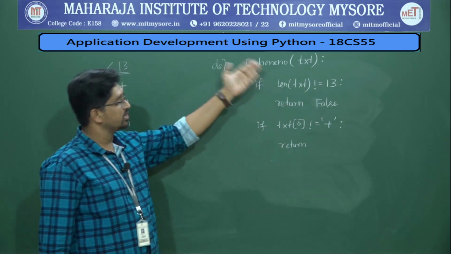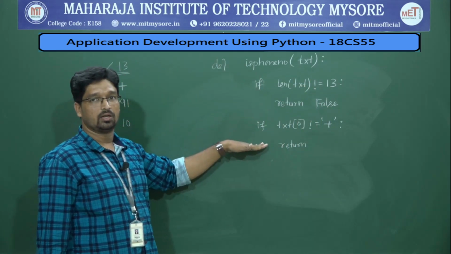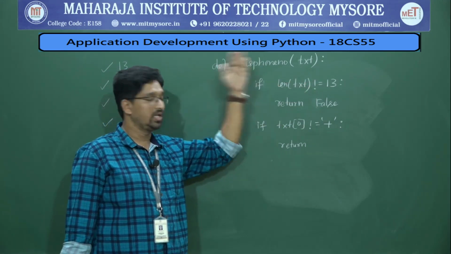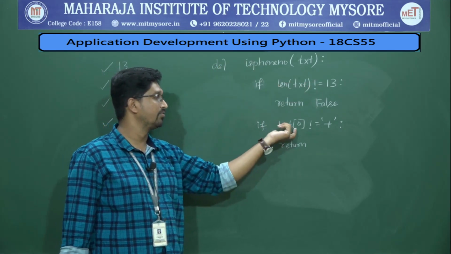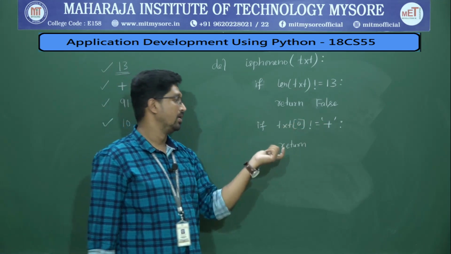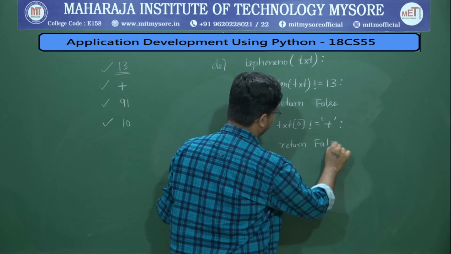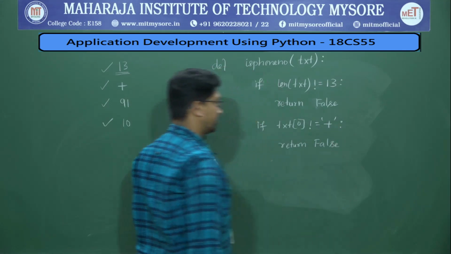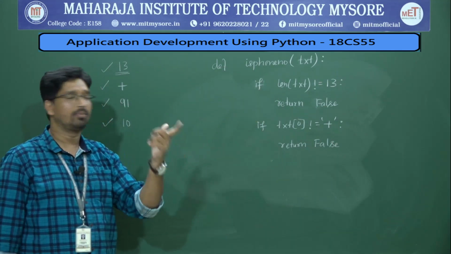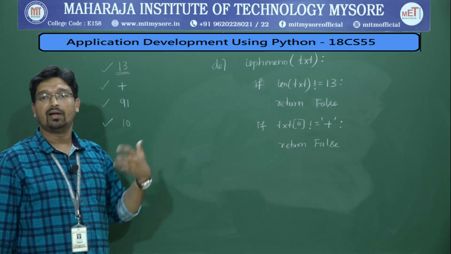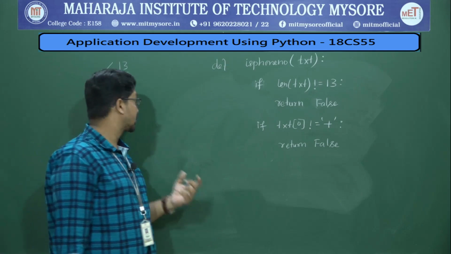If the condition is false, it will go to the next condition. If the number is equal to 13, then it should check whether the first character is a plus symbol. If it is not a plus symbol, then again return false. There itself, if you have entered 13 characters but the first character is not a plus symbol, then I should return it back.